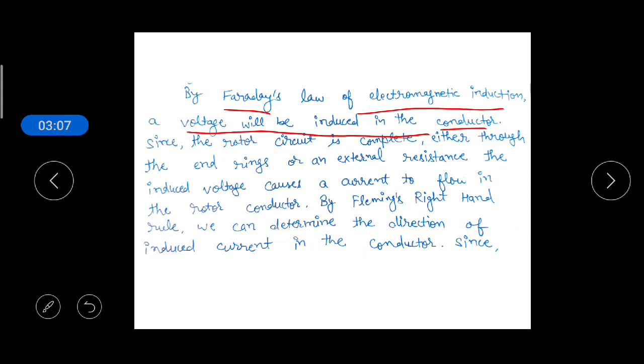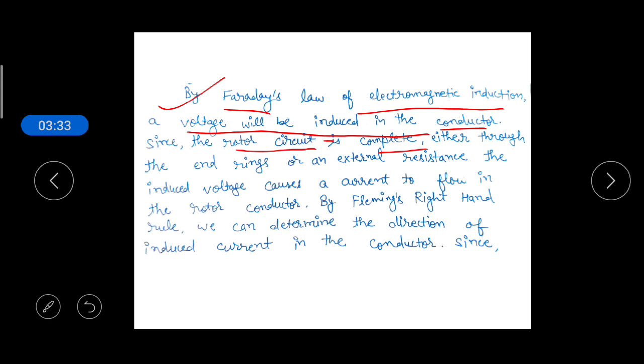We know that. So by Faraday's law of electromagnetic induction, a voltage will be induced in the conductor. We have seen the construction of the three-phase induction motor, whether it is a slip ring induction motor or a squirrel cage induction motor, the rotor circuit is complete.